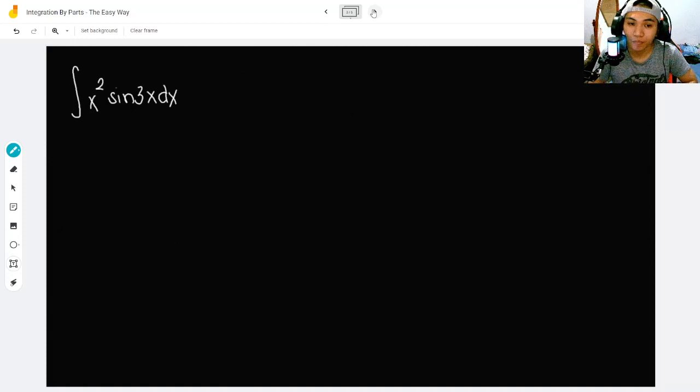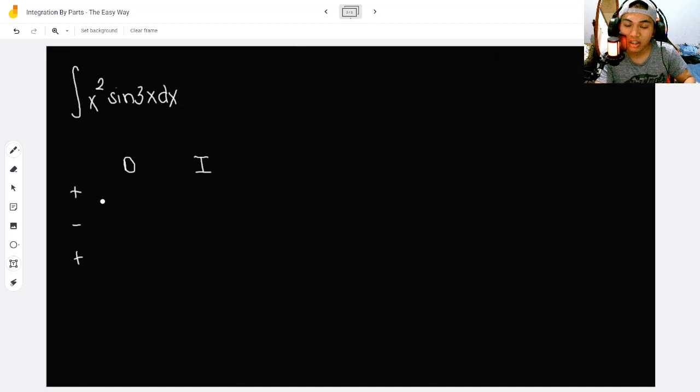Okay, now we have the integral of x squared sine 3x dx. Okay, so we will use the DI method. And don't forget your plus and minus signs, that is important.